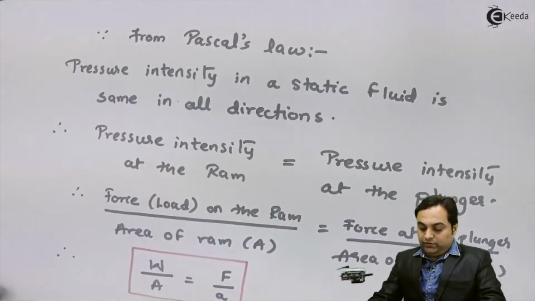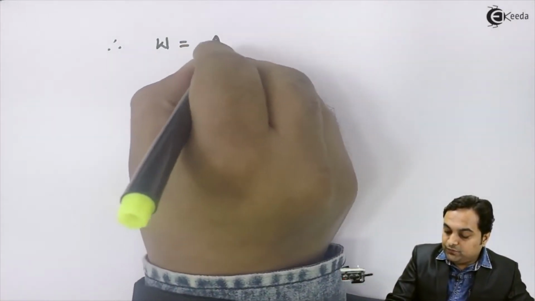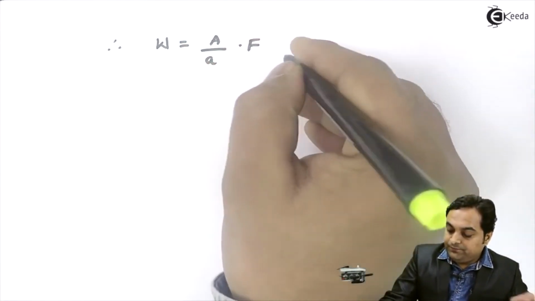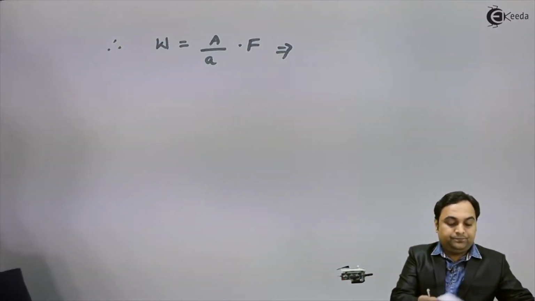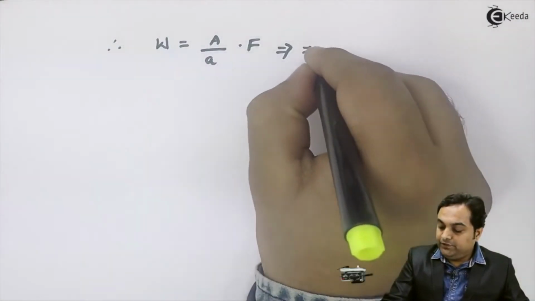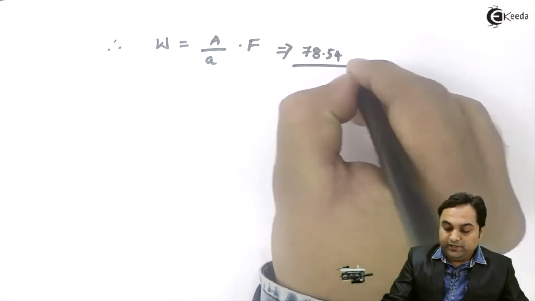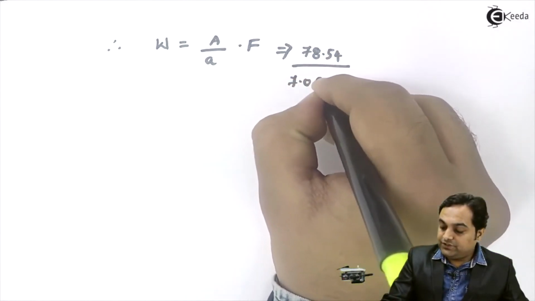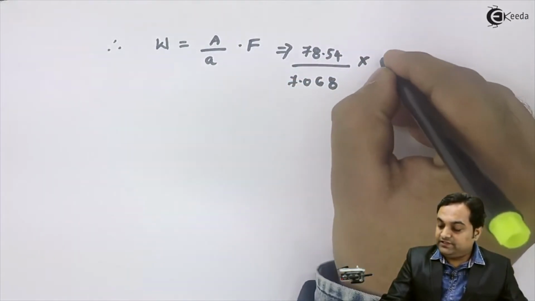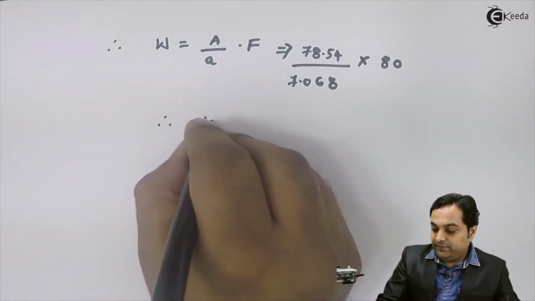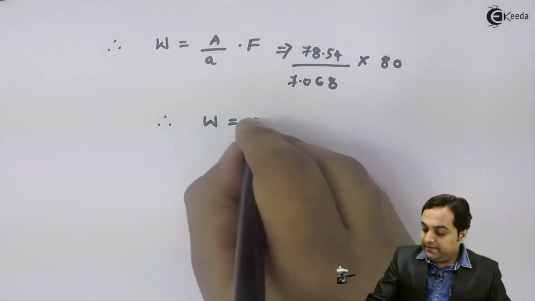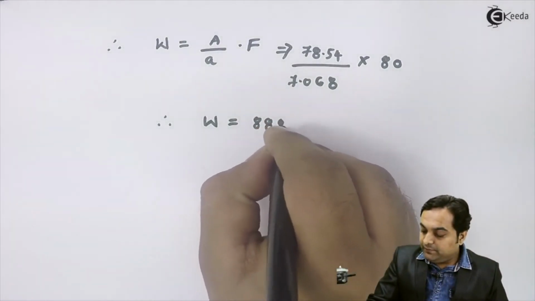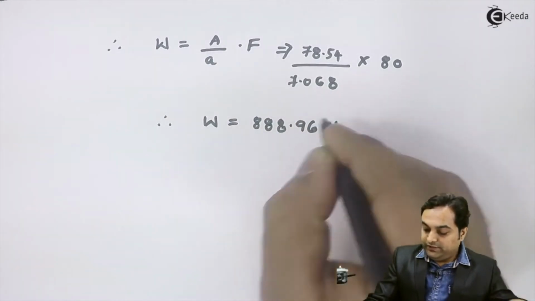It will be equal to capital A upon small a into F. So this is equal to capital A, which we calculated as 78.54, over small a, 7.068, into F, which is 80. So from this I would be getting my answer of W, and that comes out to be 888.96 Newton.